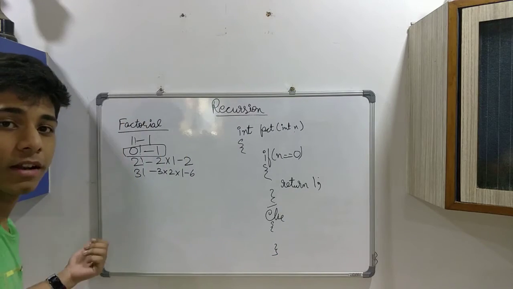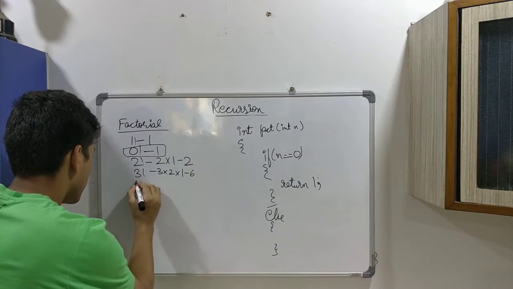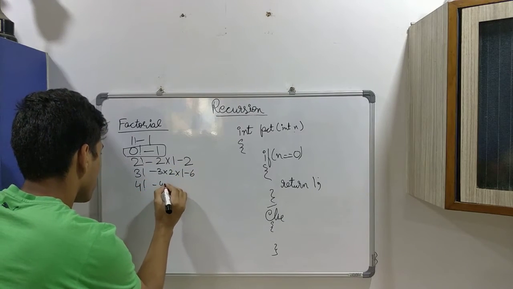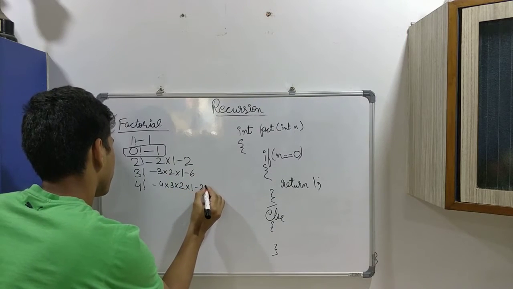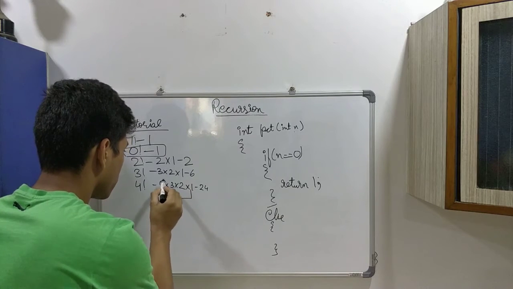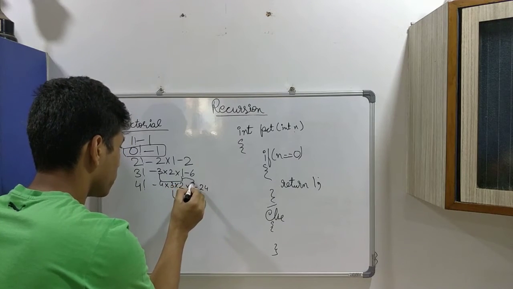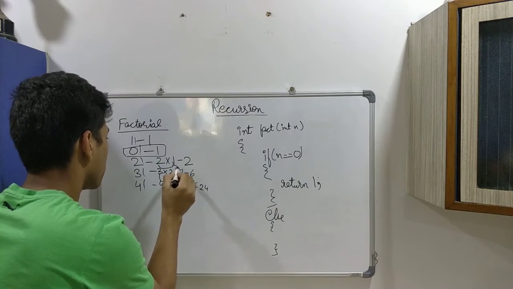okay, so now let's talk about a little bit of math. Here what we see is, let's take 4 factorial, so it's 4 into 3 into 2 into 1, which is 24. So here we see that 3 into 2 into 1 comes from here, and 2 into 1 in this case comes from here.